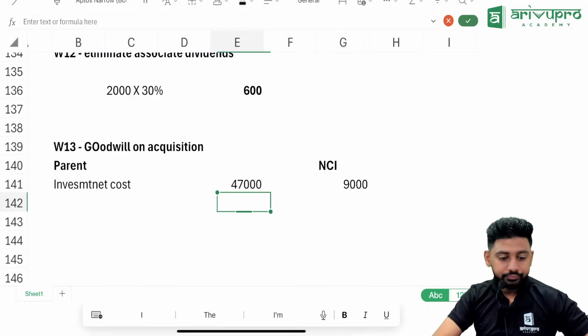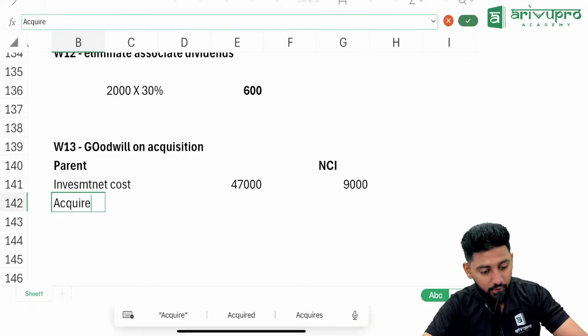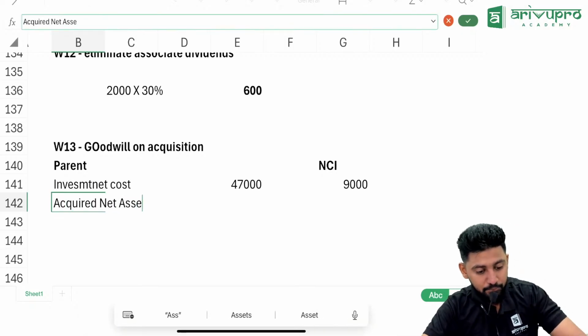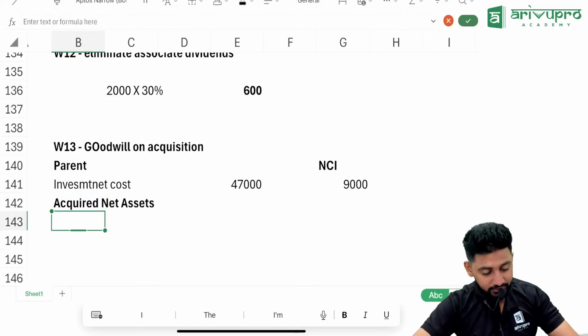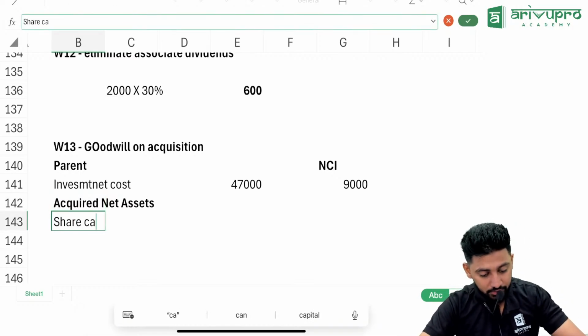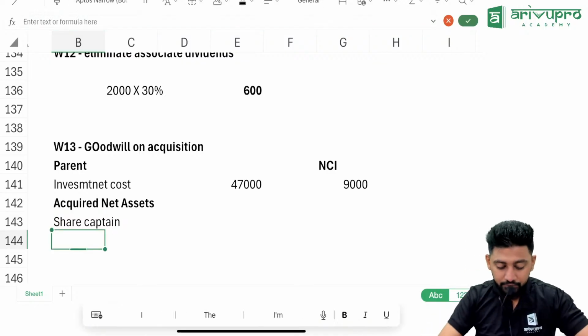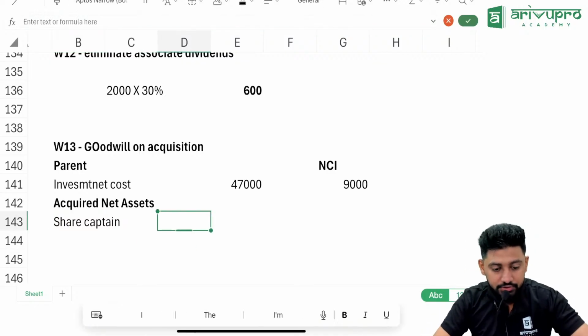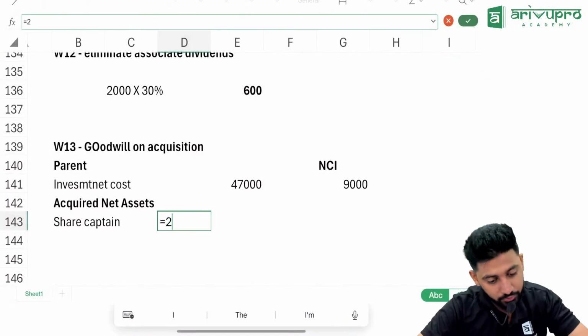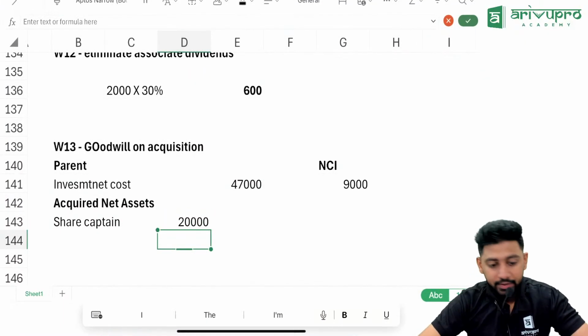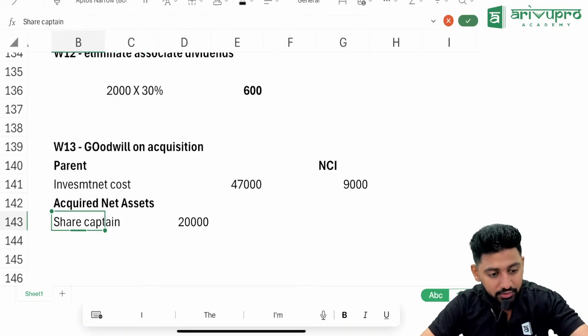Clear? From this deduct acquired net assets. What are the net assets? Share capital. How much is the share capital? Share capital of the subsidiary is 20,000. Anything else?